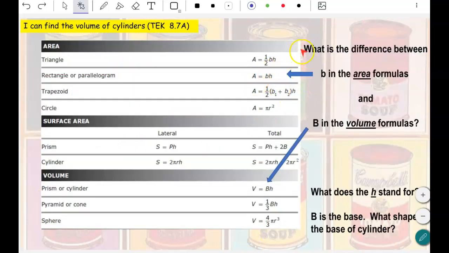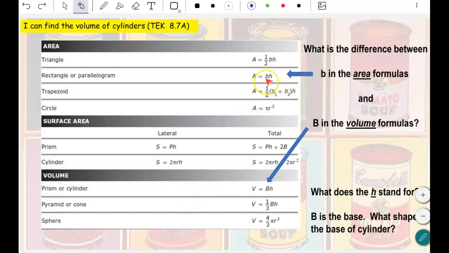All right, here's the STAR reference chart. You have the one section, area, and notice the area of a circle is on there. We have surface area, and this is what our focus is today, volume, and we're doing a cylinder. Now look at these formulas.